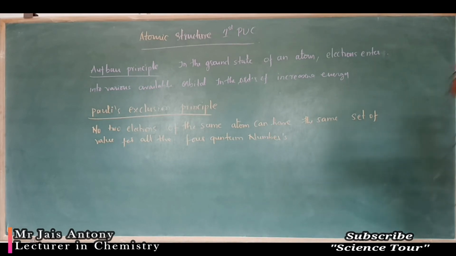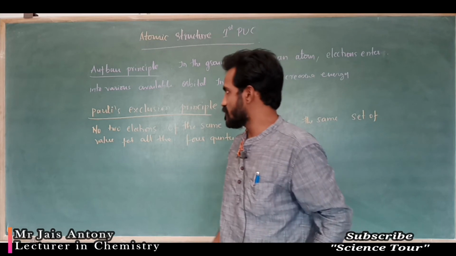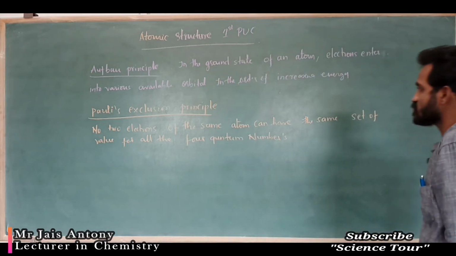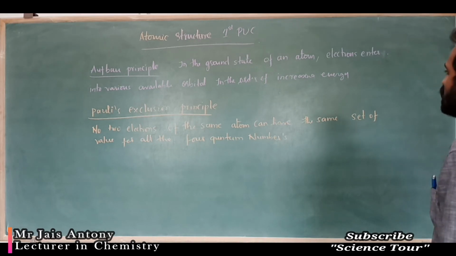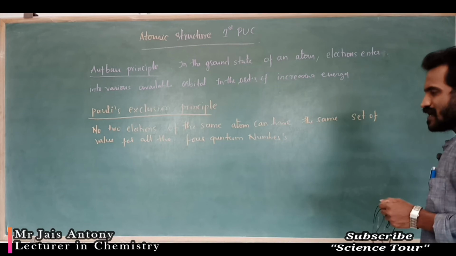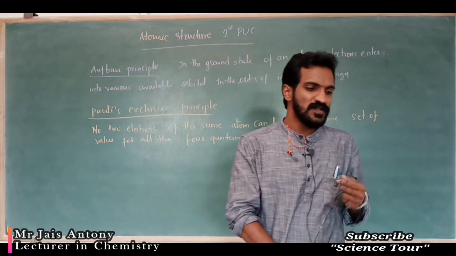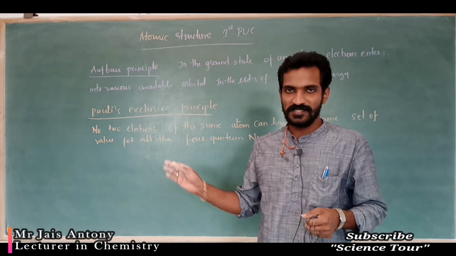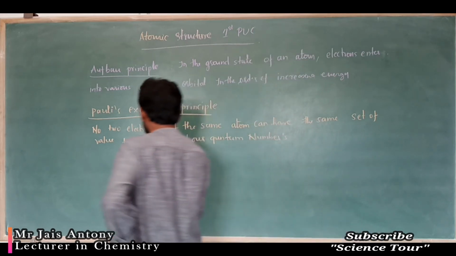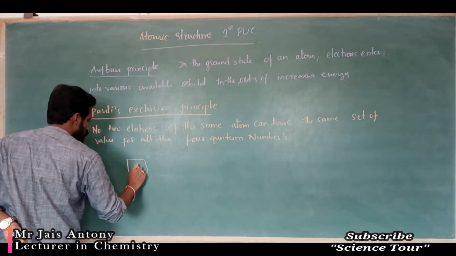My dear students, the next very important principle is Pauli's exclusion principle. No two electrons of the same atom can have the same set of values for all four quantum numbers. What they want to say in this principle is very simple. Imagine two electrons in one orbital.